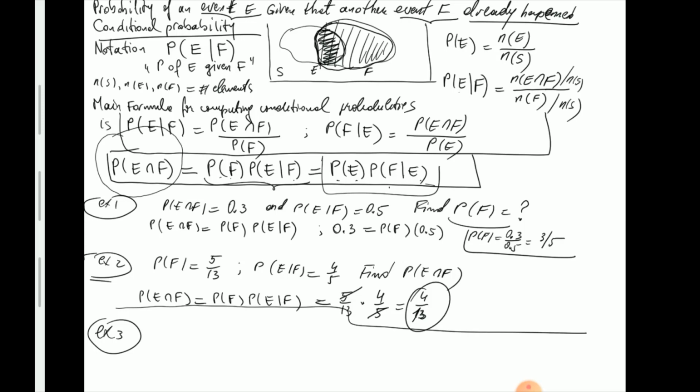So, for instance, if you look at the health data, let's say one will ask, what is the probability? So, two questions, right? So, the probability of a randomly selected person to get lung cancer.